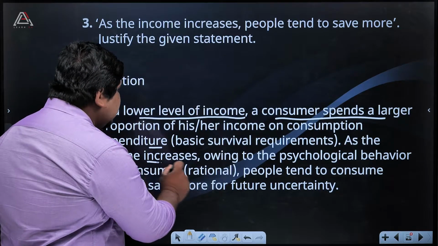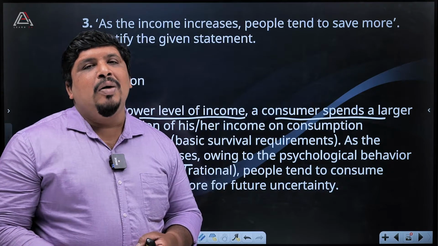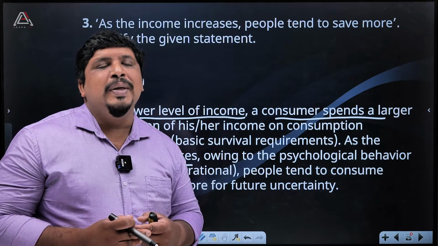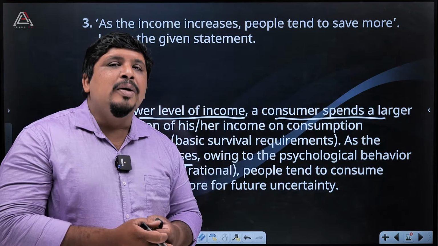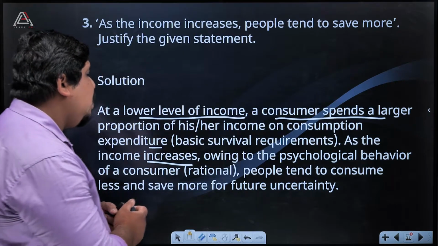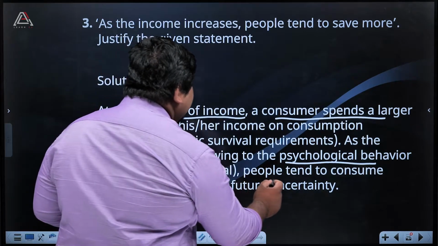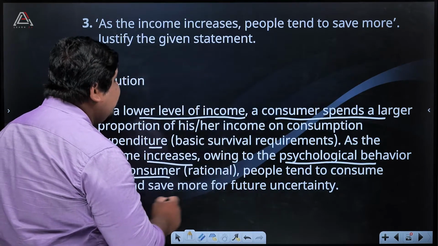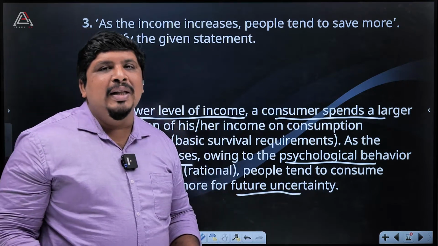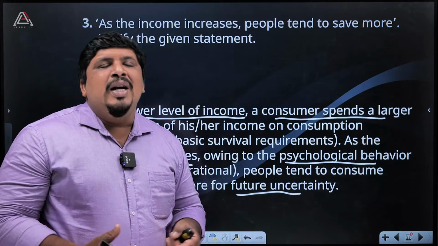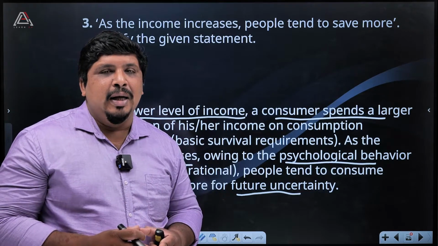As the income increases, suppose a person gets 5 lakhs. He or she must be thinking that certain money should be saved in their account or for some other investment purpose, because of the psychological behavior of a consumer. People tend to consume less and save more for future uncertainty. Lower income people must be thinking there will be future uncertainty, but they don't have enough money to tackle it.